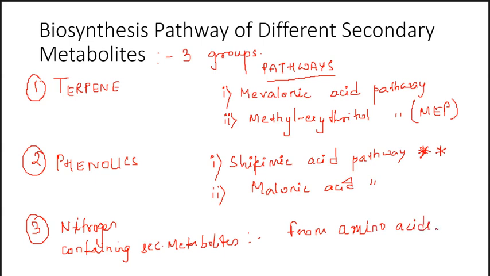So please remember terpene from mevalonic and MEP pathway, phenolics from shikimic and malonic acid pathway, and nitrogen containing secondary metabolites, for example alkaloids, are synthesized from amino acids.